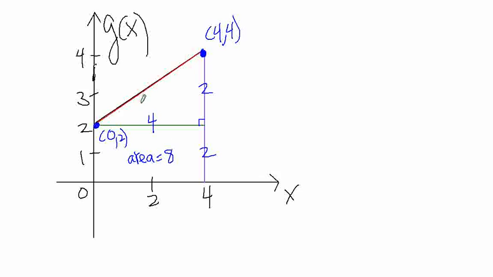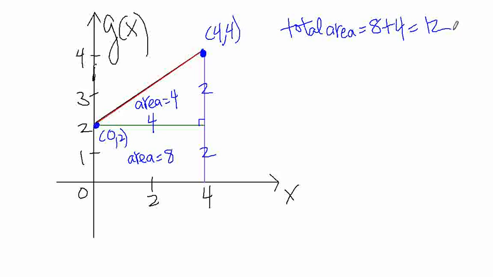The area of the triangle is 1/2 base times height, so 4. And so the total area is 8 plus 4, which is 12. Okay, now let's use integration and see if we get 12 as well.